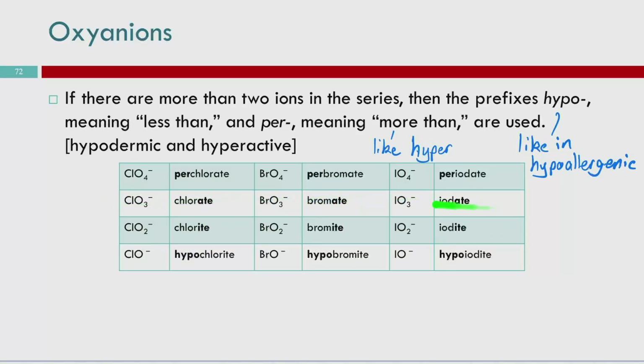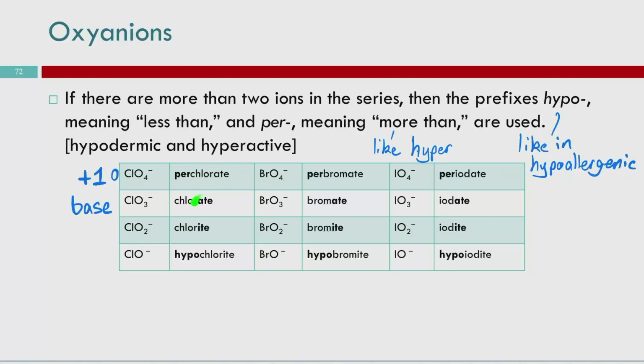So the base ending that we would memorize, the ATE ending. If you add 1 to the ATE ending, that's when we add in the per prefix. So from chlorate, instead of ClO3 minus, it becomes ClO4 minus. We add the per prefix in front.